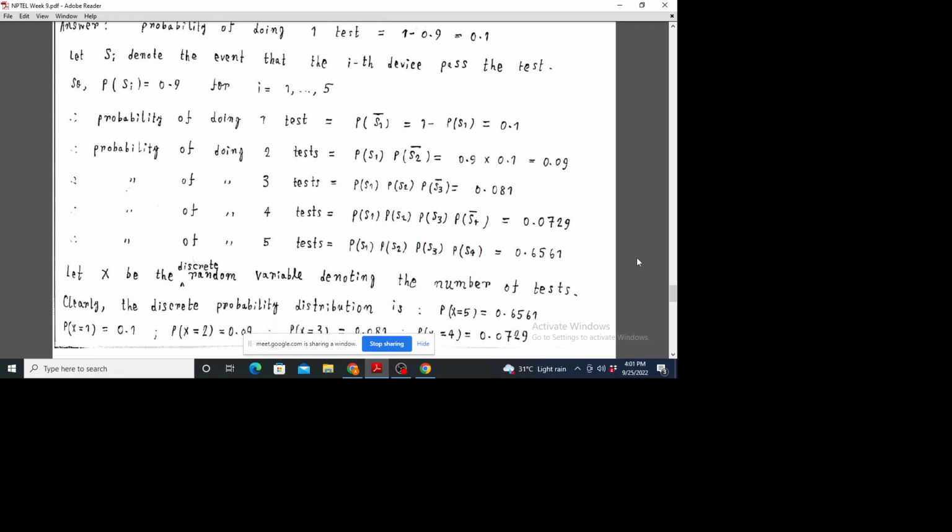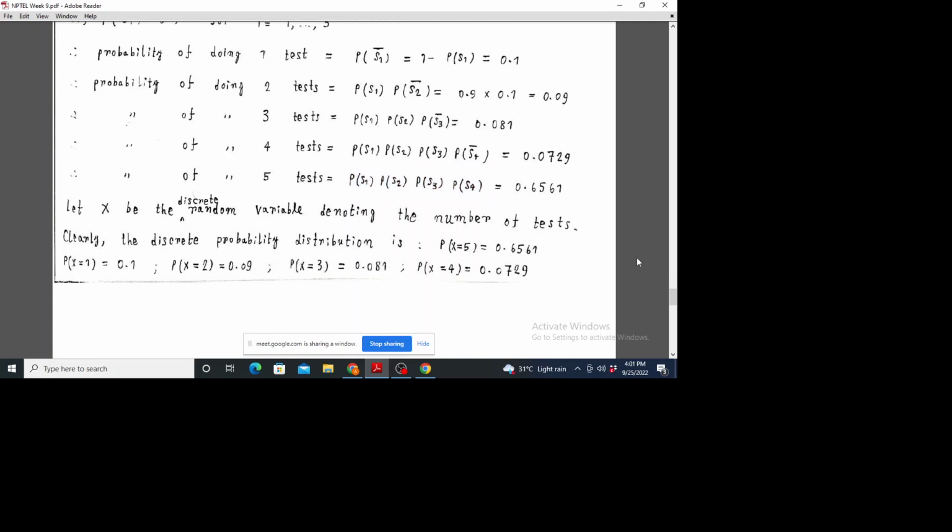As I have said, I have defined the number of tests as the random variable. P(X=1) is the first one, P(X=2) is the probability of doing 2 tests, and so on up to P(X=5), the probability of doing 5 tests.